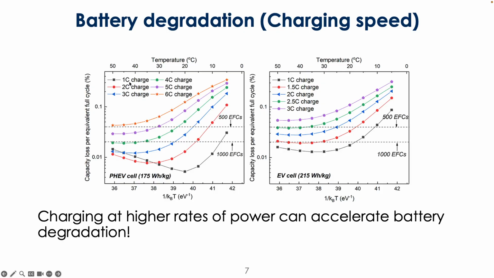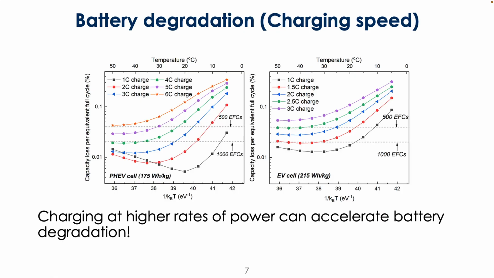The speeds are 1C, 2C, 3C, 4C, all the way up to 6C. That refers to a ratio of the capacity over some given amount of time. So 2C is twice as fast as 1C, 3C is 3 times as fast as 1C, and so on.